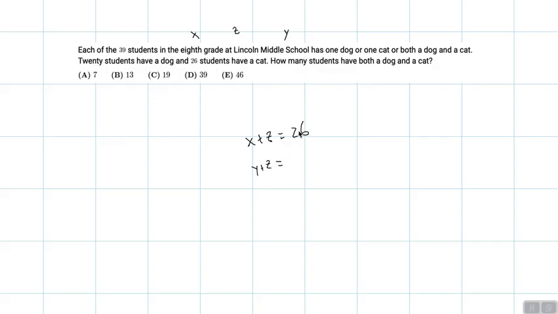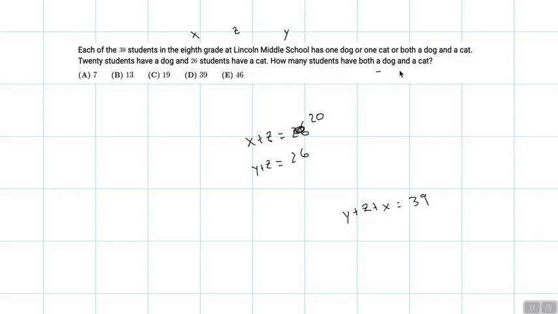Or sorry, Y plus Z equals 26. Then it's true that Y plus Z plus X is equal to 39 then.